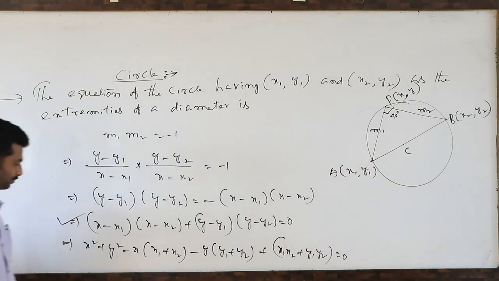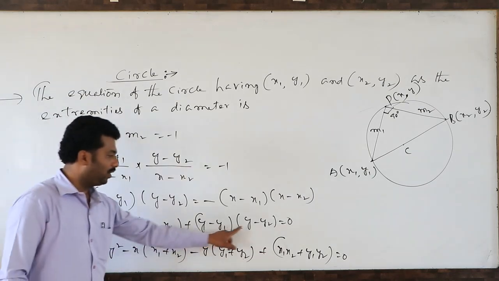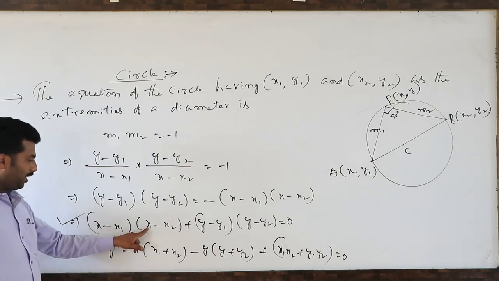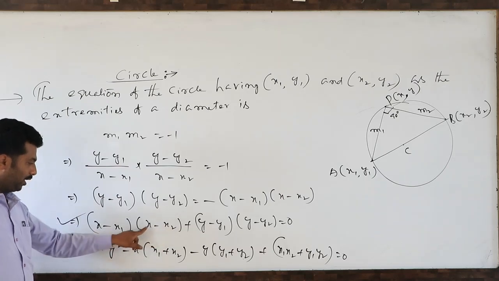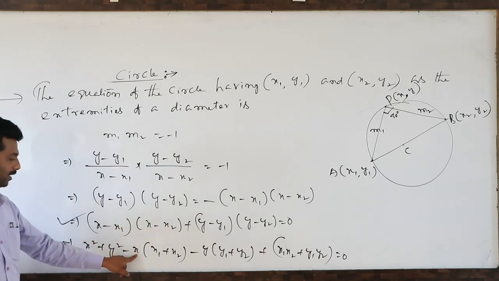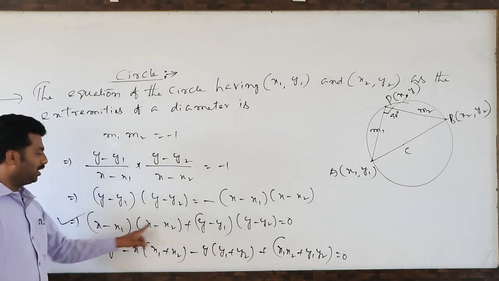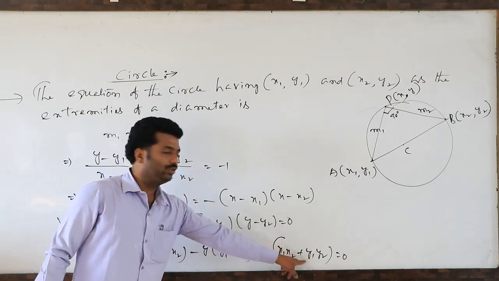You observe, x into x is x square, y into y is y square, two terms we got. Here x into minus x2 and x into minus x1, so x common means x1 plus x2. Here also the same: x1 x2 and y1 y2, this we got.